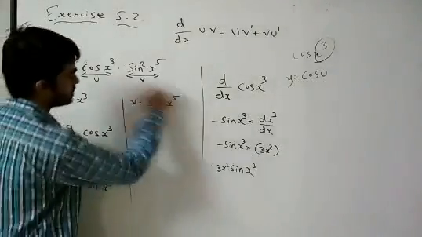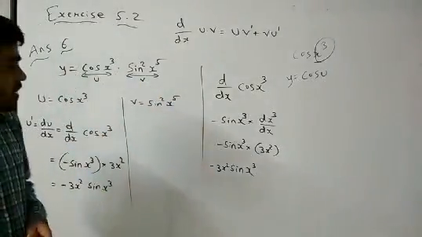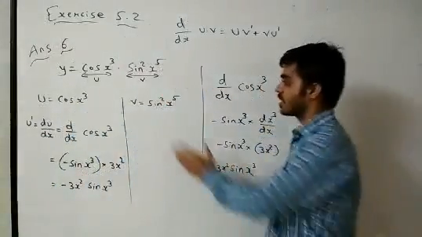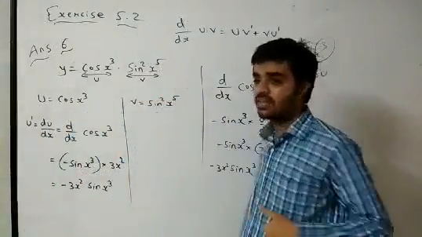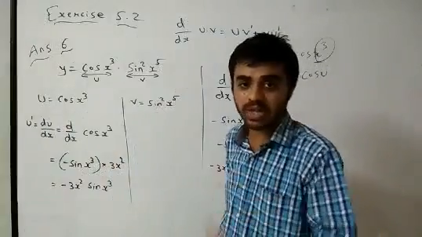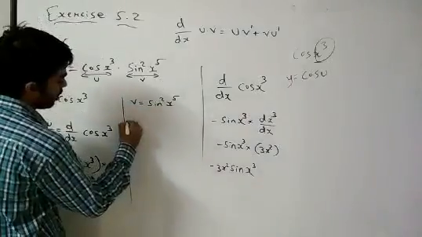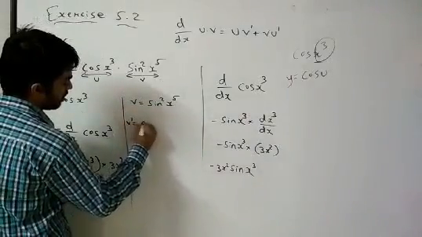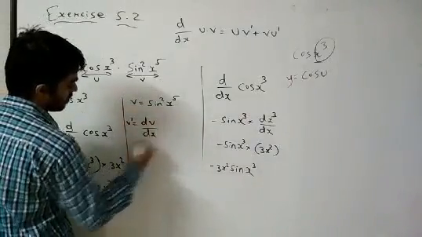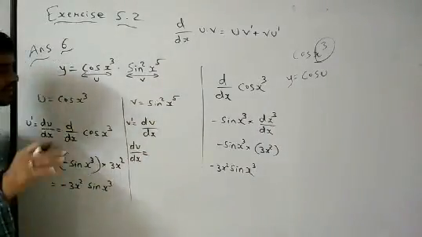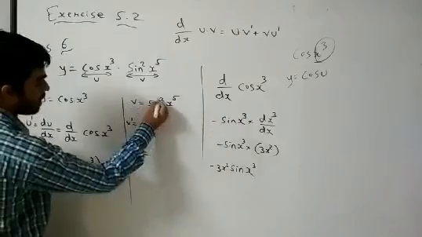Now, here v is equal to sin square x power 5. Now, you know that the derivative of x square is 2x. Same with sin square x power 5. The 2 will be coming down.